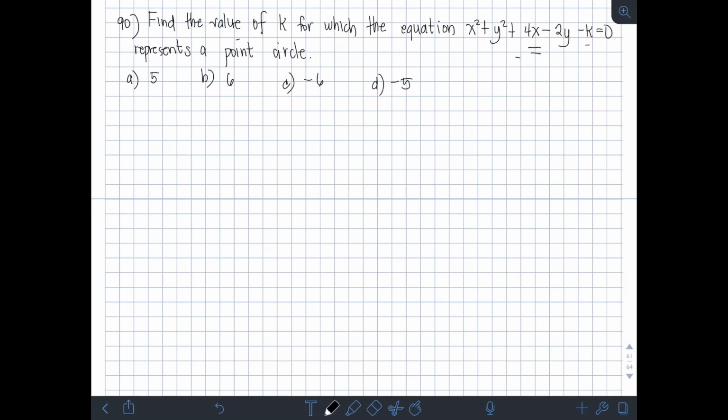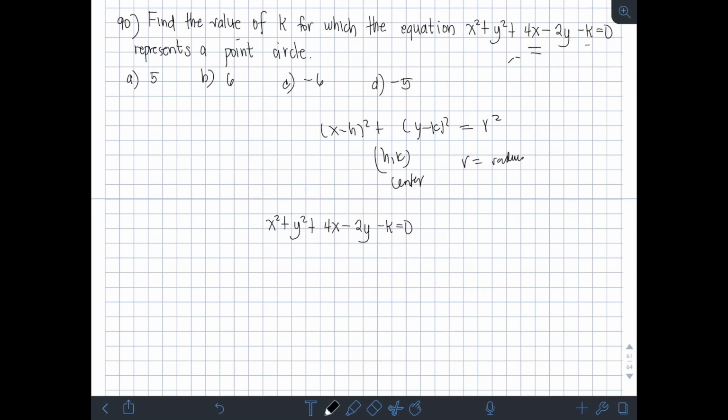So, transfer muna natin itong given equation into the center radius form. Yung x minus h square plus y minus k square equals r square. So, yung h comma k is yung center and then yung r yung radius. Okay? So, gagamitin natin yung completing the square. So, copy ko muna itong given equation.